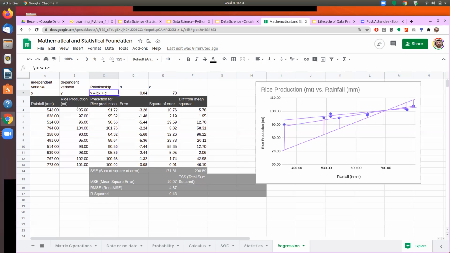Okay. So it means that there is some variation in the rice production itself. So we'll compute the variance. And how do we compute the variance? By finding out the difference from the mean. So I'll take the mean here. So if you see, the formula is that I am taking the average of this column C, difference from the mean squared.